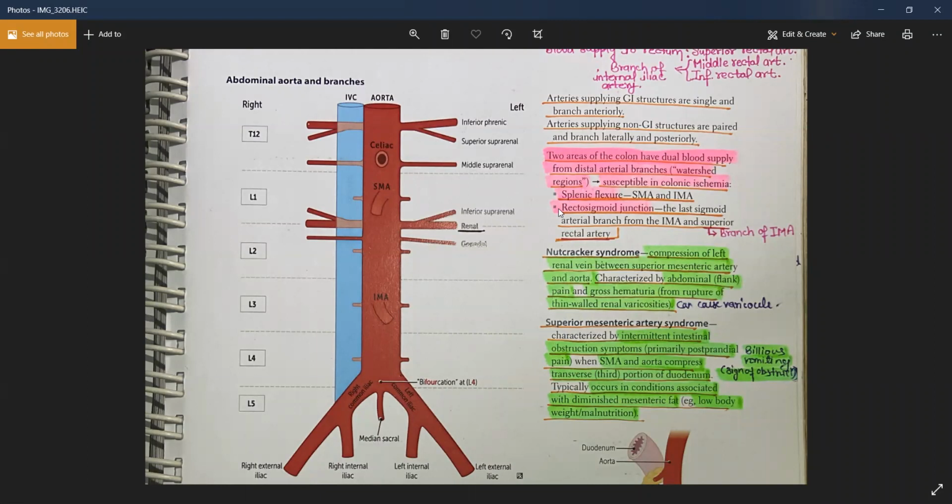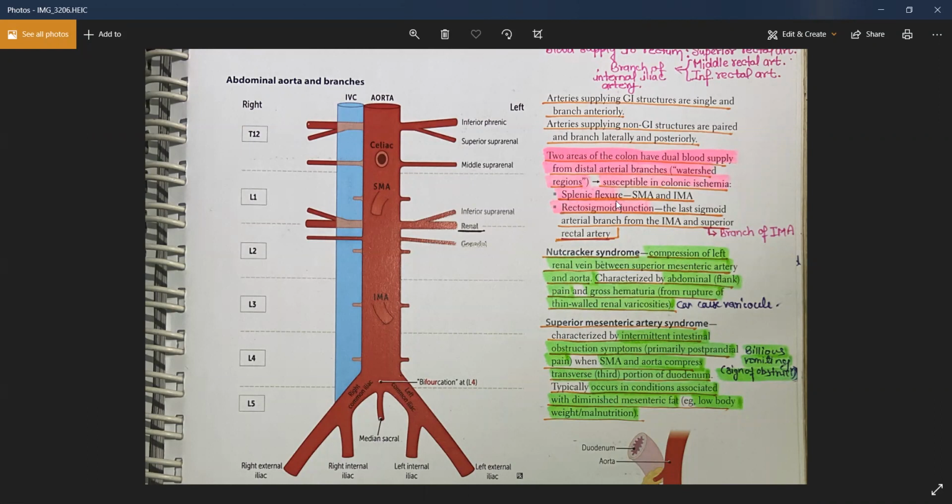Then you have the rectosigmoid junction, in which the inferior mesenteric artery and a branch of the inferior mesenteric artery make the anastomosis at the rectosigmoid junction, and the end branches will be supplying this area.